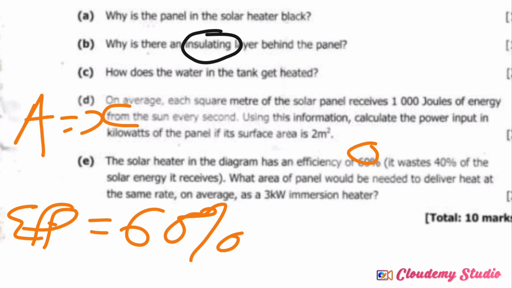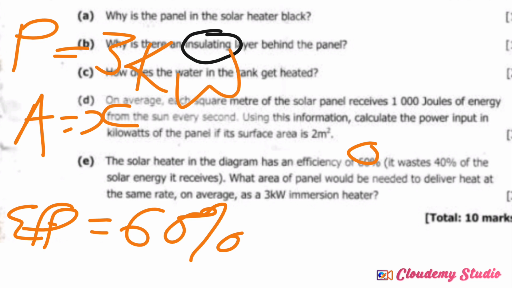What area of the panel would be needed to deliver heat at the same rate on average as 3 kilowatts, meaning what area will give us the same rate on average of 3 kilowatts. I'll use two formulas to understand it better. Number one, the formula where power is emitting and X is the energy.